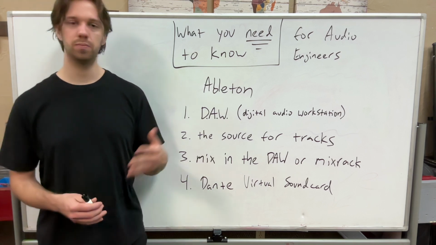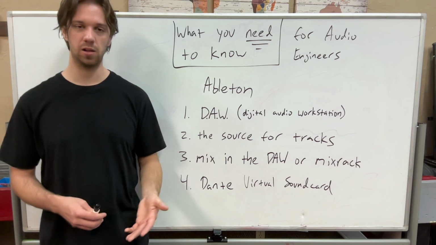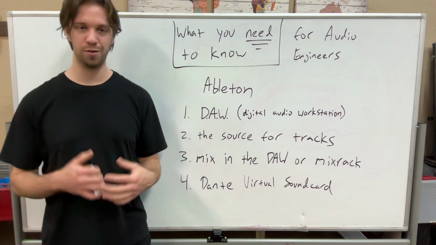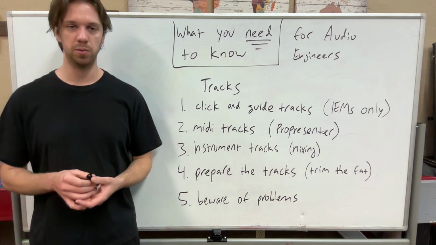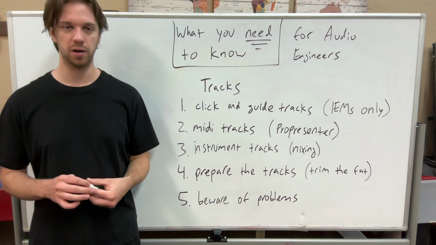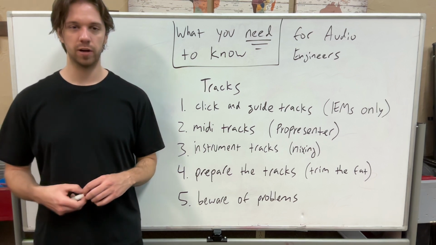And then the mix rack converts them back from digital into analog audio, and then we can play them back through the speakers. All right, we know that tracks are coming from Ableton via Dante Virtual Sound Card, and they arrive at our mixing desk for us to work with.